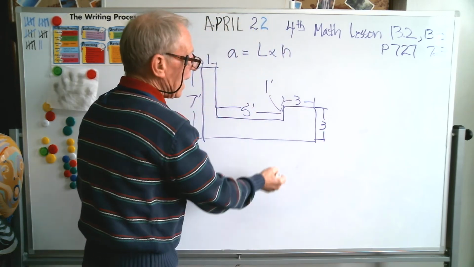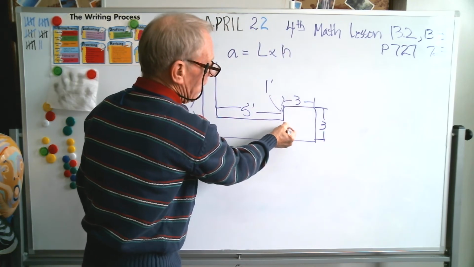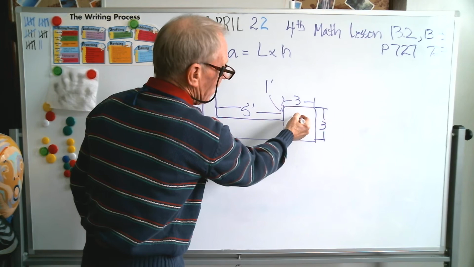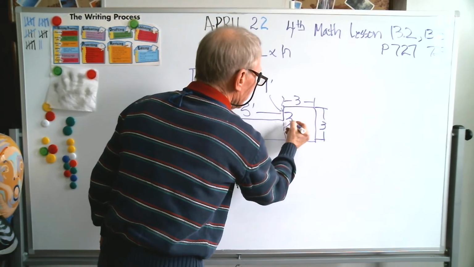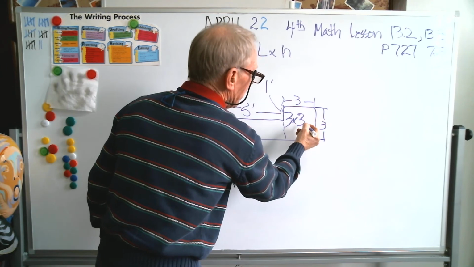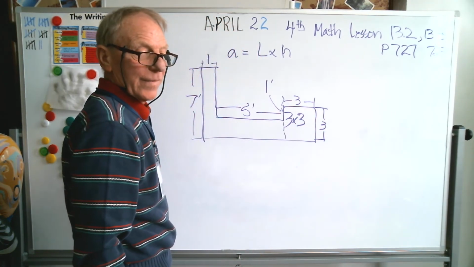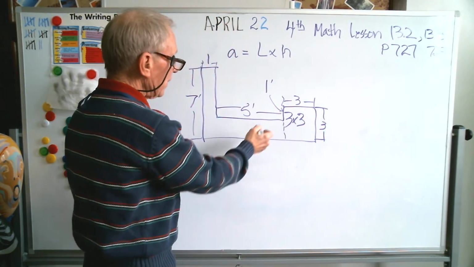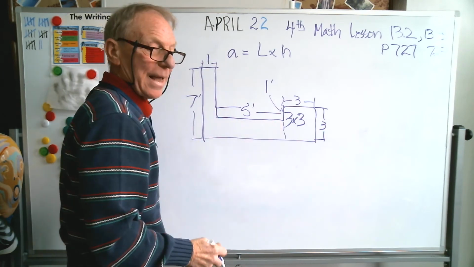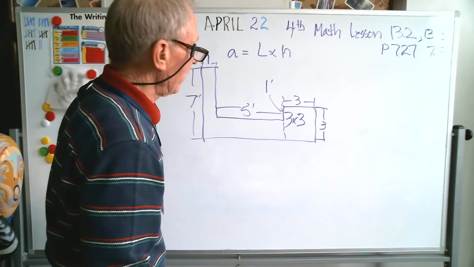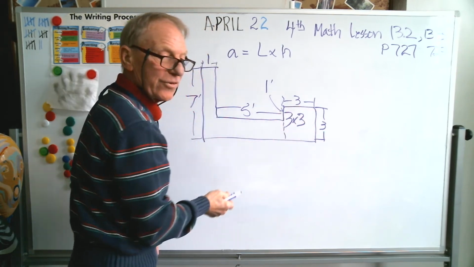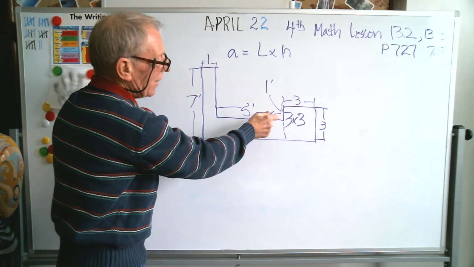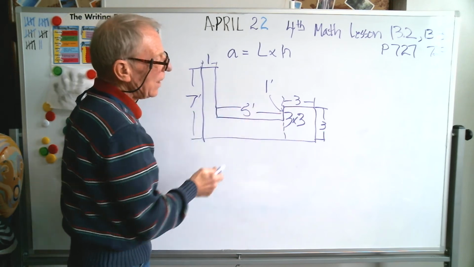Now, right away, I see if I draw a line here, I've got a square. That is 3 feet by 3 feet. So that's one of our boxes. Now we still got this big L thing here to take care of. We know that the overall height of this is 3 feet, and that this rise is 1 foot.